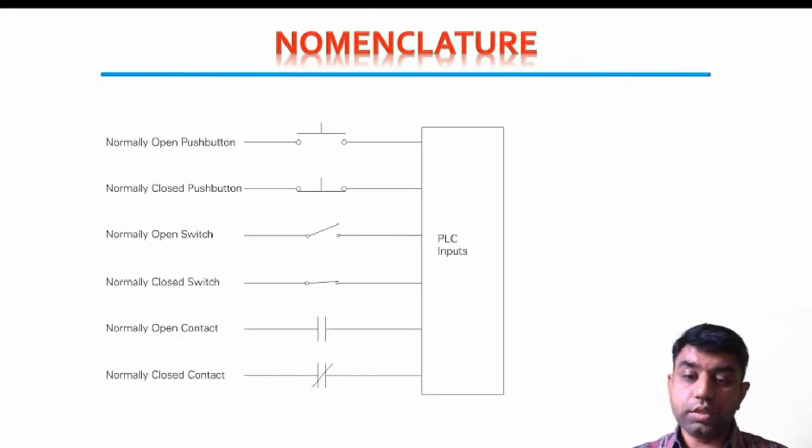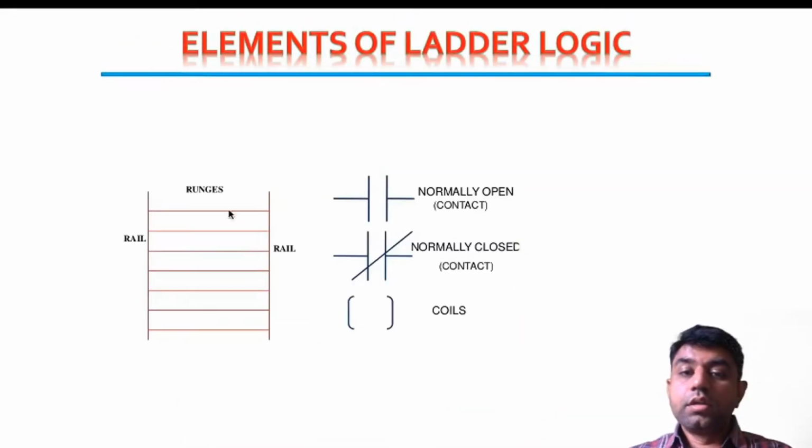Now these are the nomenclature which we had already discussed, but these switches are acting as input devices to the PLCs, right? This is just a diagrammatic representation. The concept we had already understood, right? Now the entire relay or PLC arrangement is shown with the help of ladder logic, in which the input and output devices are shown, rails are there, and in between we have rungs.